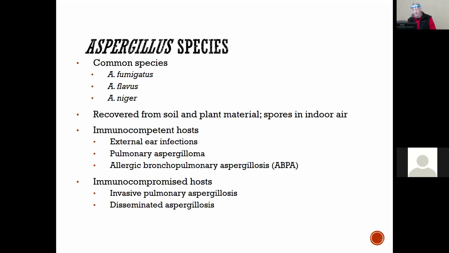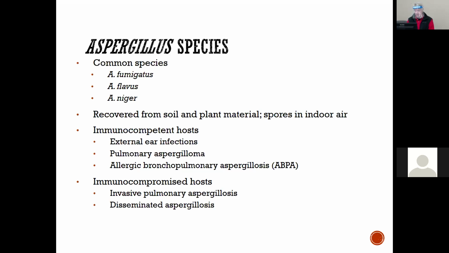We've already talked about the immunocompetent host. If we are immunocompetent, that's us, right? I think all of us are, for the most part. We can get external ear infections. We can get pulmonary aspergilloma, where we actually breathe in the species or the fungi, and then it kind of walls off in the lung.